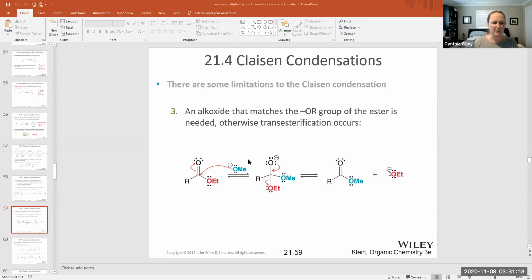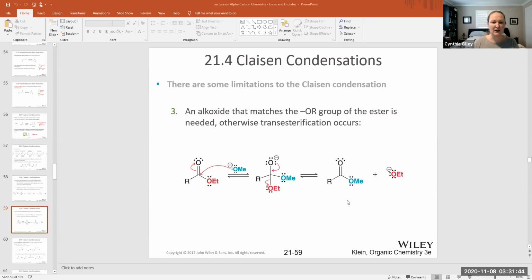Because, for example, methoxide is considered both a strong base and a strong nucleophile. So if it doesn't act as a base and instead acts as a nucleophile, then it can do a nucleophilic attack on the carbonyl of the ester. And if ethoxide gets kicked out instead of methoxide, then we've essentially done what's called a transesterification and converted the ethyl ester to a methyl ester.